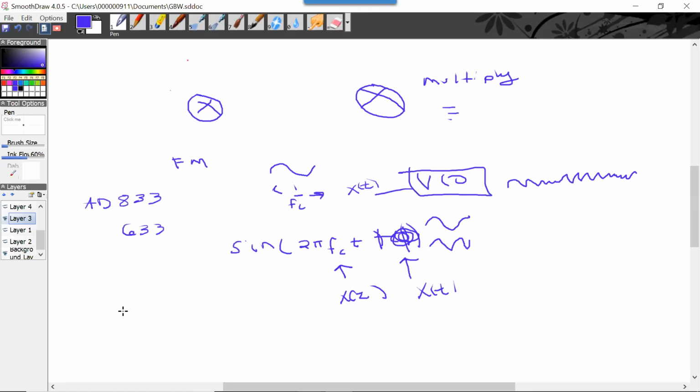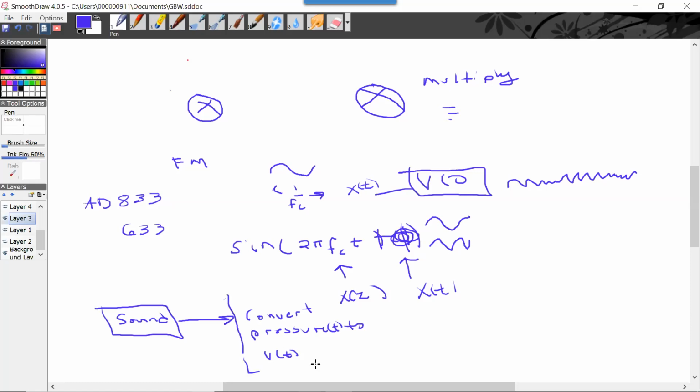So how does a transceiver work? You have the sound, which converts pressure in time to voltage in time.